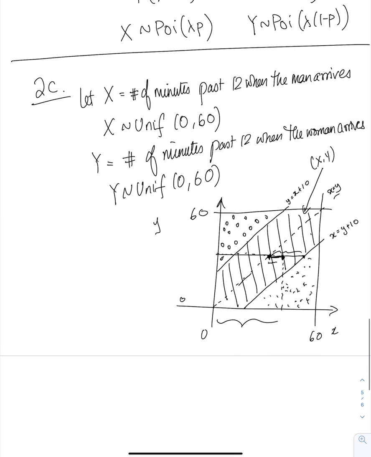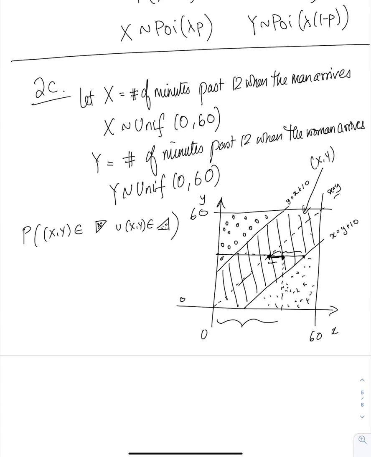All right, so what are you asking? The probability that the first to arrive has to wait more than 10 minutes. I'm just going to draw this: the probability that x comma y is in this union x comma y is in that.